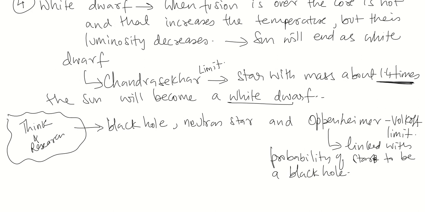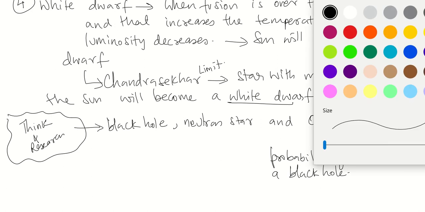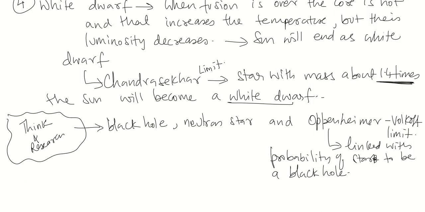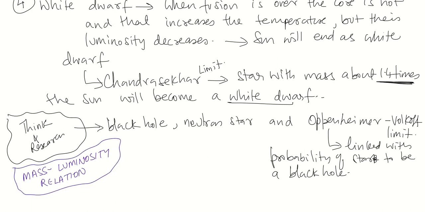Now, coming to your next part, that is the mass luminosity relation. And this relation states that the luminosity is directly proportional to your mass power 3.5.